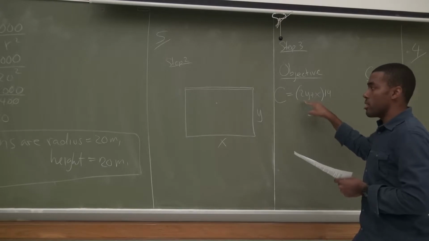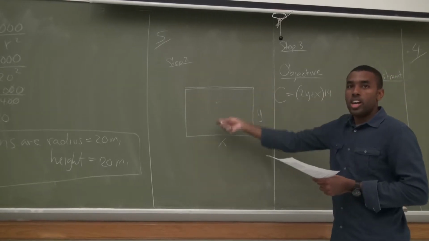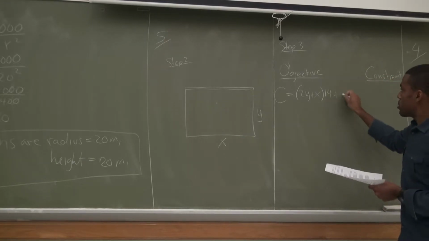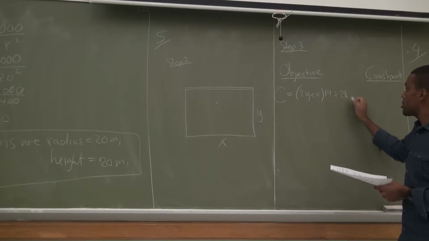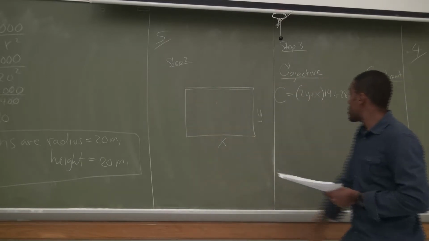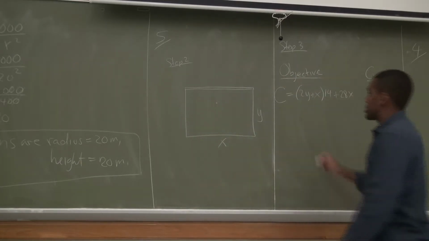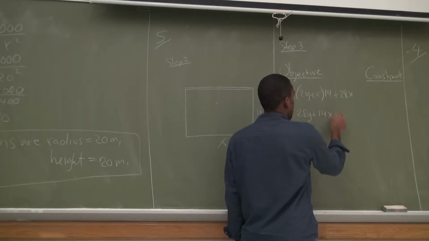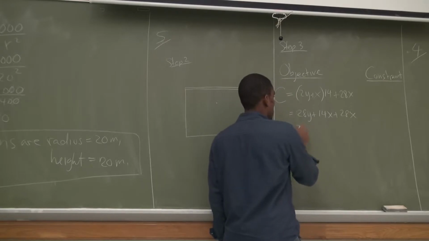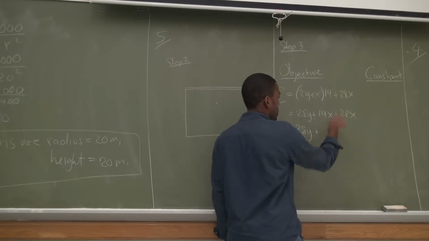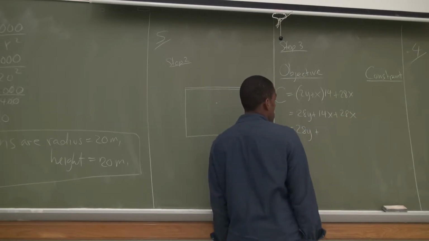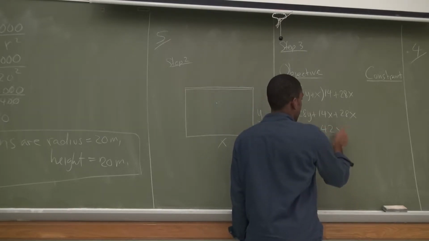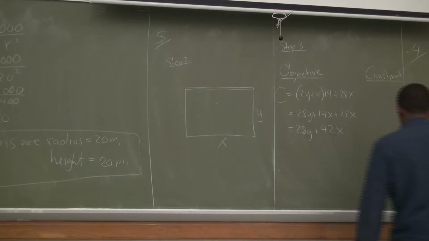This is the length of these, but they charge you $14 per unit length. So that's 14 times 2y plus 28 times x, which is just the length of this one. So that's your cost equation. So this is 28y plus 14x plus 28x, or 28y plus, what do you get? 42x. The answer to life, the universe, and everything.